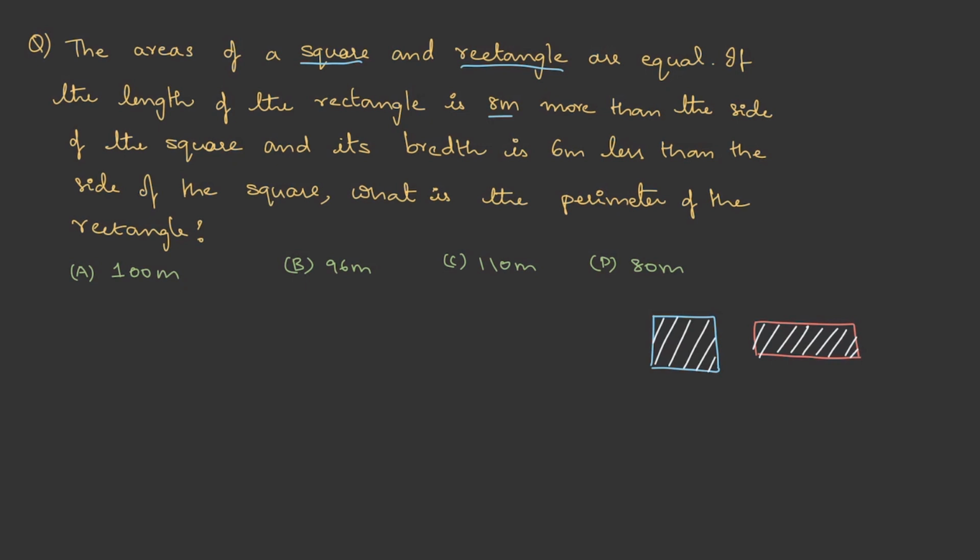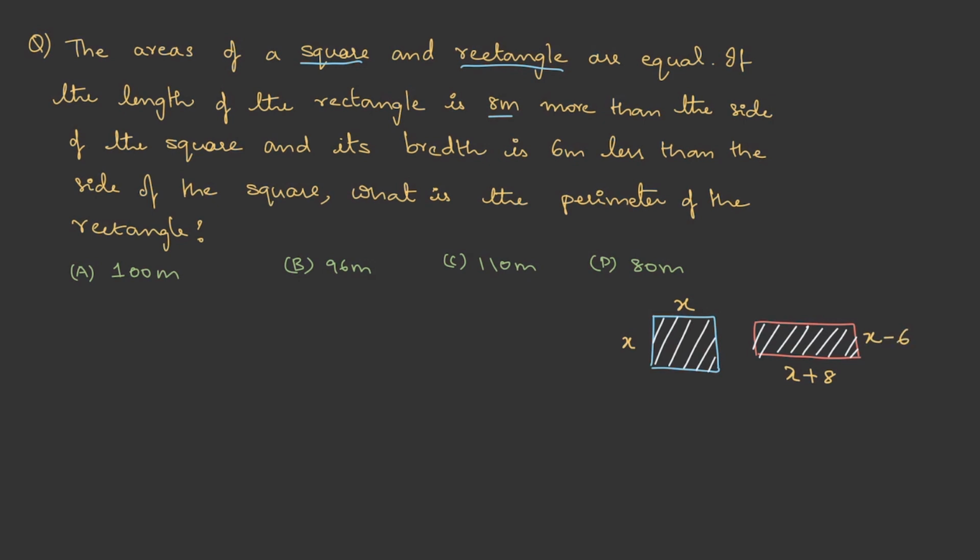the side lengths. So let me assume the side length of the square is x, and they mentioned that the rectangle length is 8 meters more than the length of the square, therefore this will be x plus 8, and breadth is 6 meters less, so x minus 6.